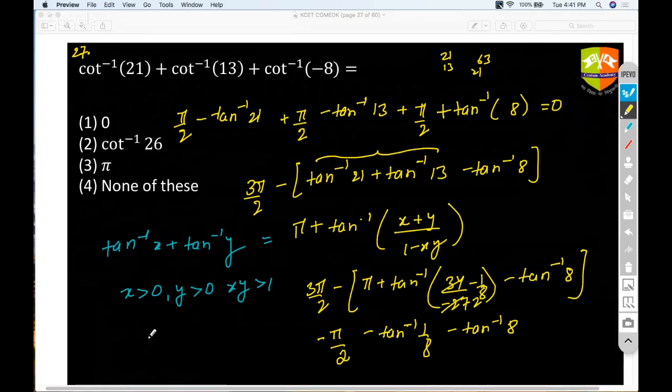Okay. So I can write this as minus cot inverse 8. And again, there's a minus tan inverse 8. So you can take a minus sign common. This will become pi by 2 again. So if I'm not mistaken, your answer should come out to be minus pi by 2 minus pi by 2.